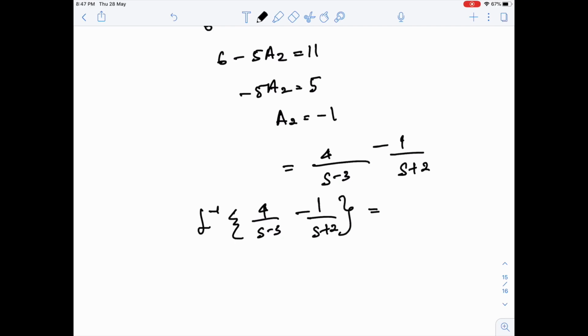By looking at this one, you may refer to the table, and the table tells you that you will get 4e to the power of 3t minus e to the power of minus 2t.